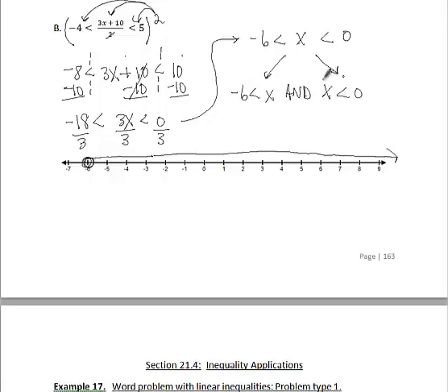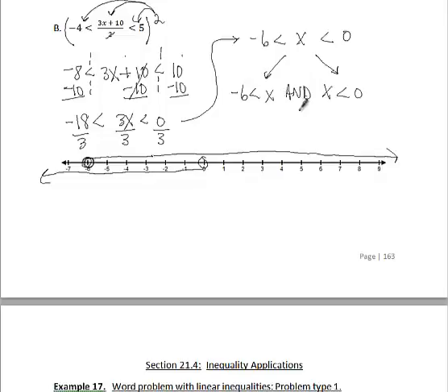And then for the other inequality, we want numbers less than 0. Open dot because there is no equal to bar here below the inequality, and less than 0 is to the left. Now, in combination, these 2 inequalities cover the entire number line, but we only want the shaded part.